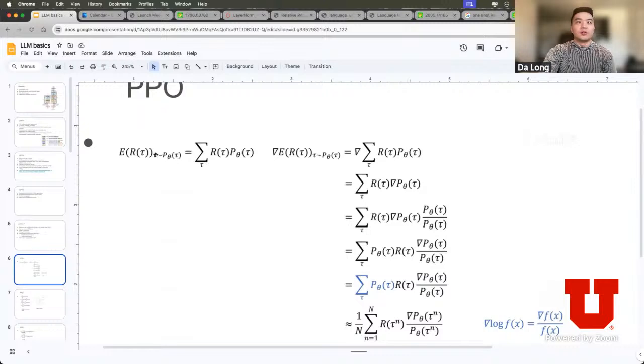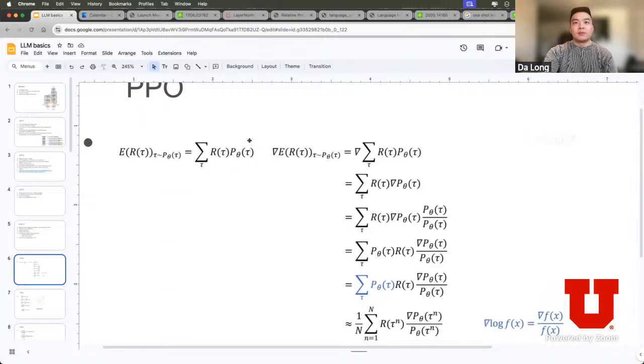So it samples the token, or samples the trajectory, from the policy. The tau is one trajectory, or in the language model, you can treat it as the answer, a series of tokens. For each trajectory, you get a reward, and then do the summation over the trajectories.